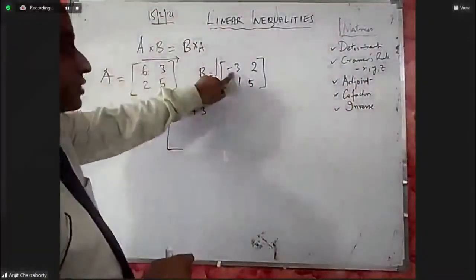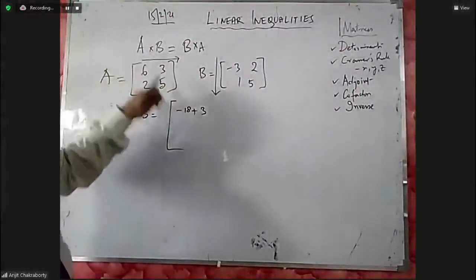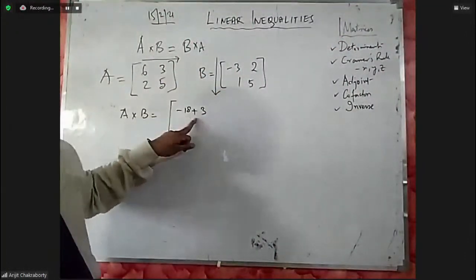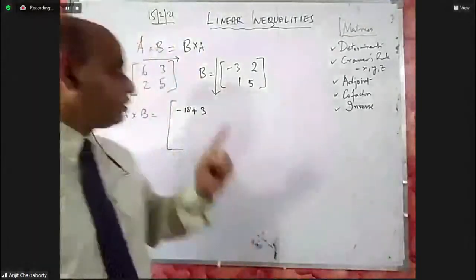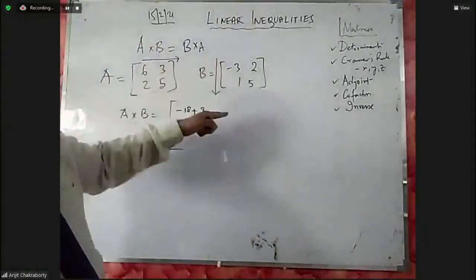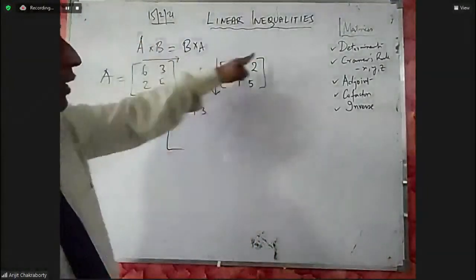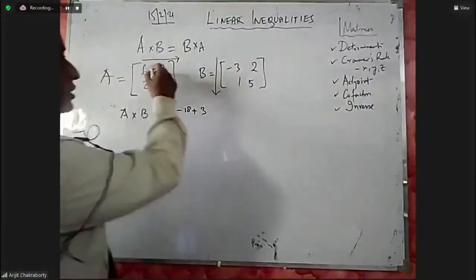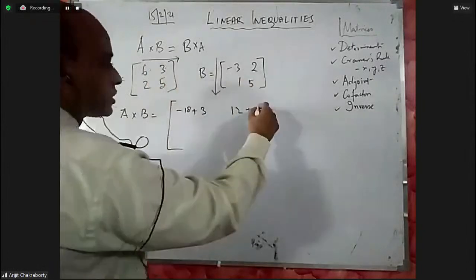6 into -3 gives me -18, plus 3 into 1 is 3. So I have done the multiplication of row 1 and column 1. Now I will take up row 1 and column 2. So 6 into 2, that is 12, plus 3 into 5, that is 15.